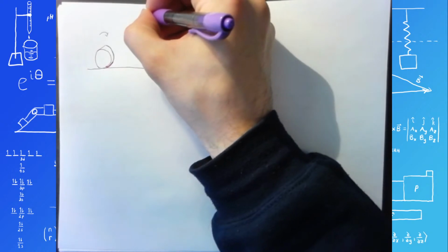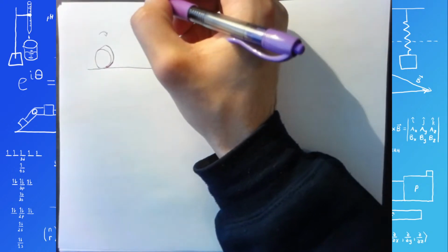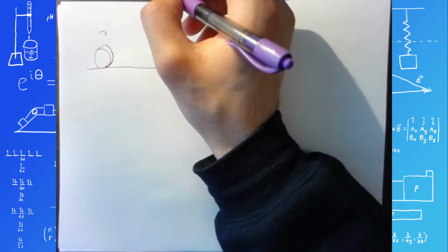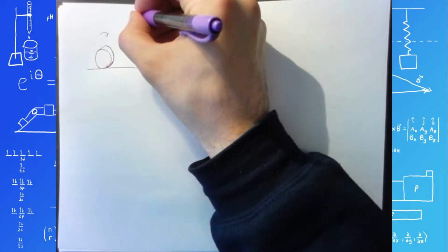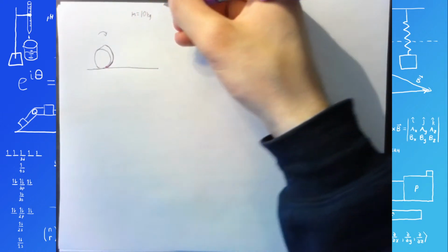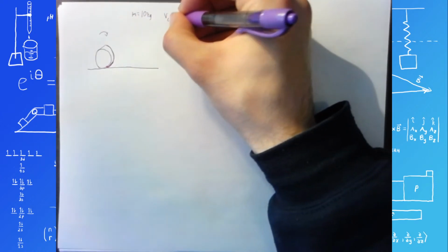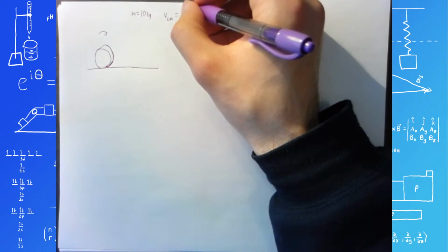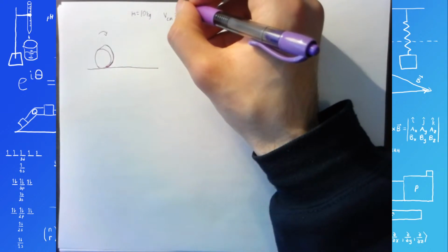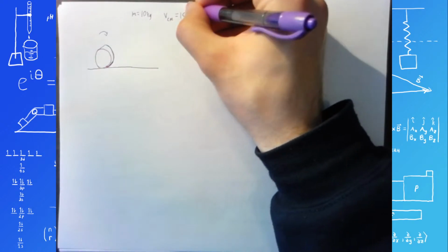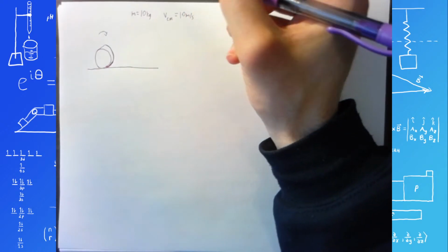So it's a 10-kilogram cylinder, and it rolls without slipping on a rough surface at an instant when its center of gravity has a speed of 10 meters per second. So V, center of gravity, center of mass, either way, they're the same thing as long as you're close to the surface of Earth. That's 10 meters per second.